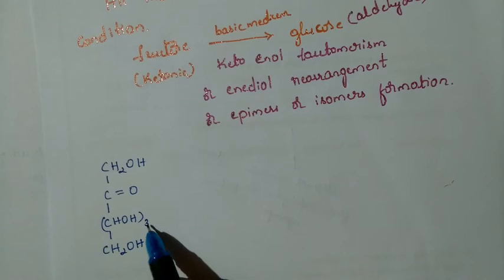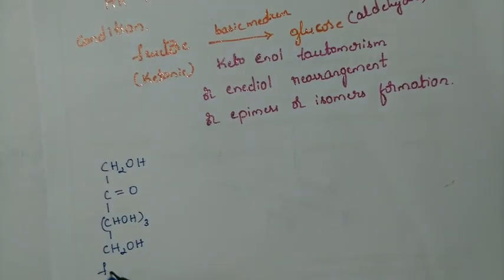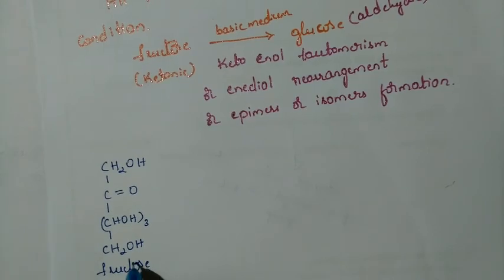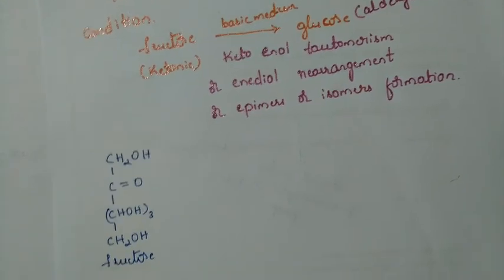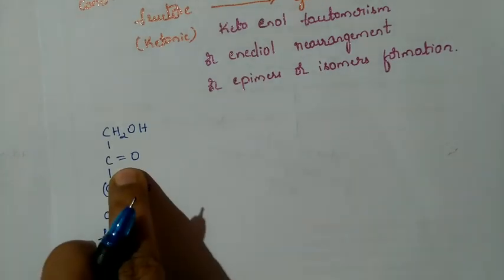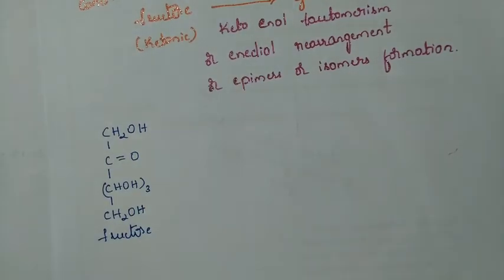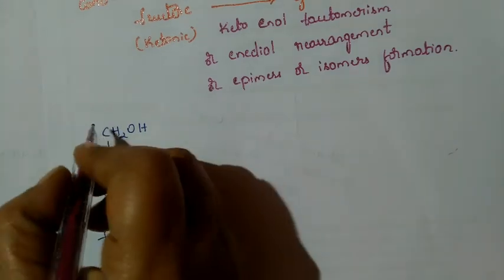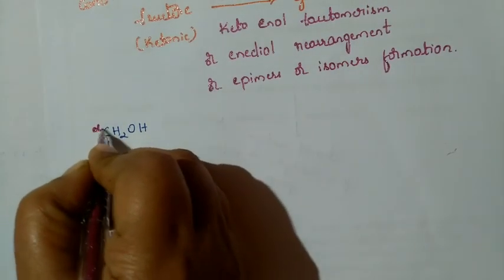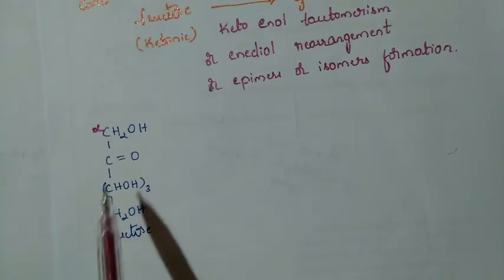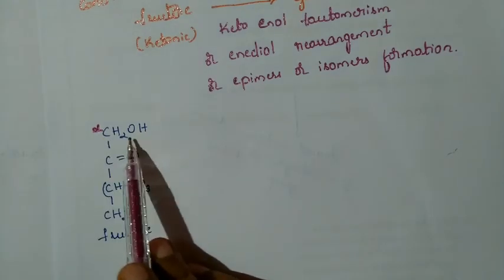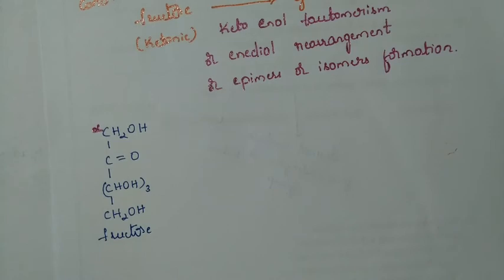Total 6 carbon atoms. This is our fructose. Now observe, we have a ketonic group. The first carbon next to it is called the alpha carbon. This alpha carbon consists of an OH group, so we can name fructose as an alpha hydroxy ketone.